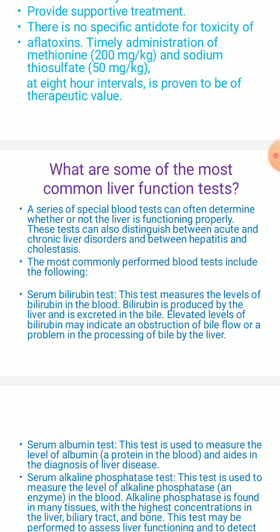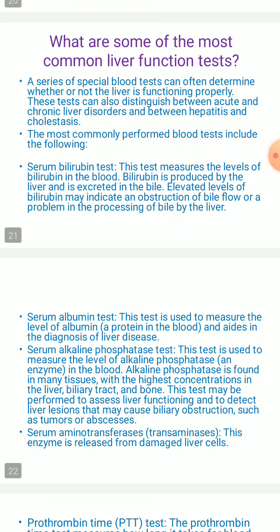First is the serum bilirubin test. How is this test performed? This test helps to measure the levels of bilirubin in the blood. Bilirubin is produced by the liver and excreted in the bile, and elevated levels of bilirubin indicate an obstruction of bile flow or a problem in the processing of bile by the liver.